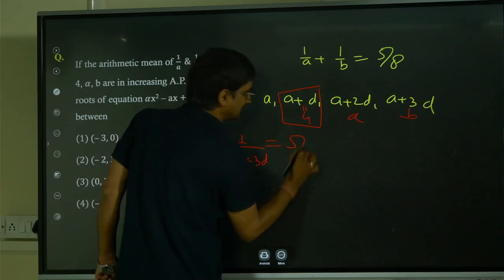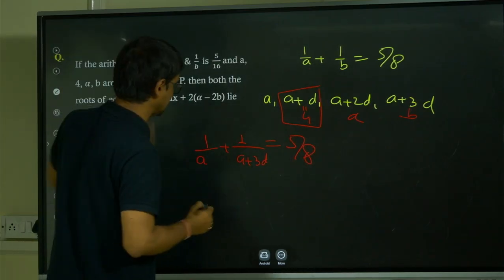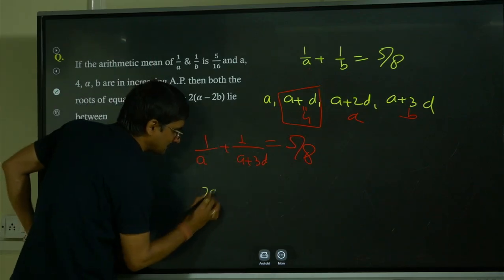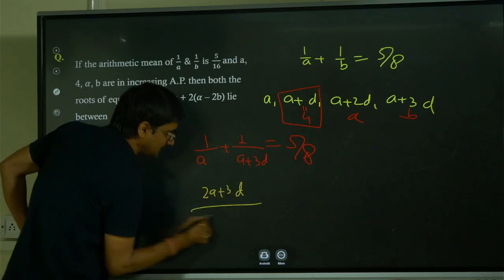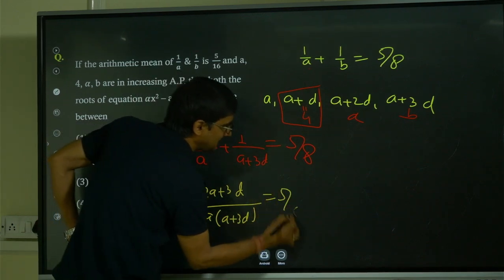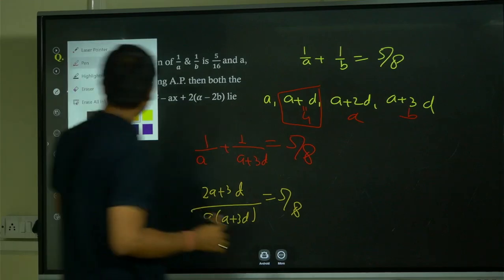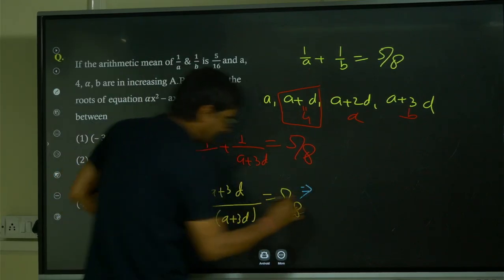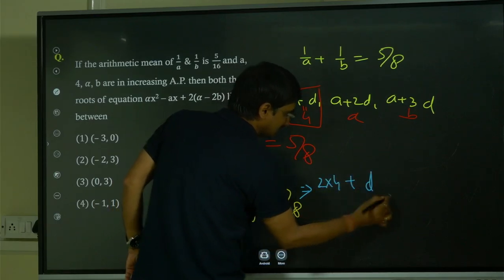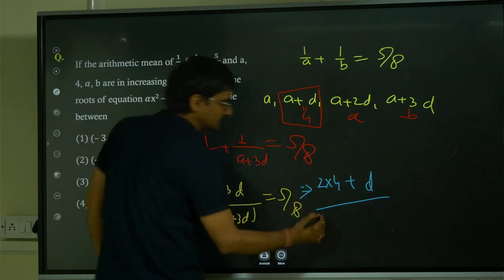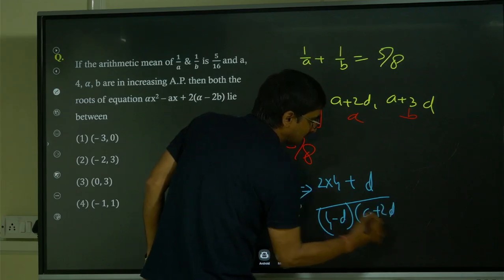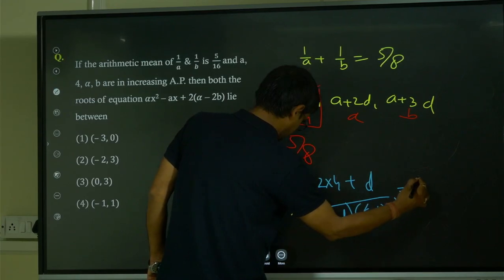If anyone else has anything in mind, can discuss it here. Taking LCM, 2a plus 3d over a into a plus 3d is equal to 5 by 8. Now putting the value, 2 common, a plus d is 4 so a is 4 minus d, and this is 4 plus 2d, so 4 plus 2d is 5 by 8.